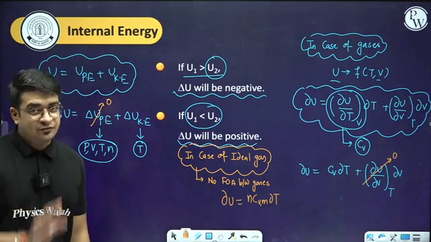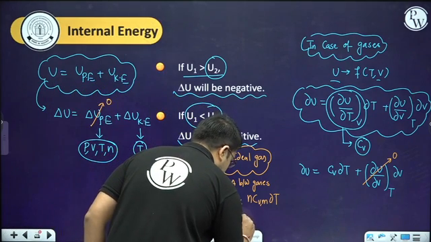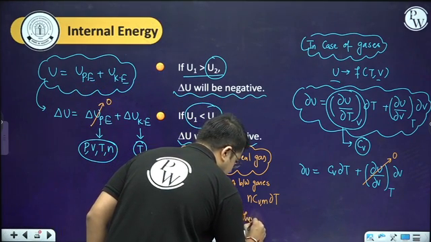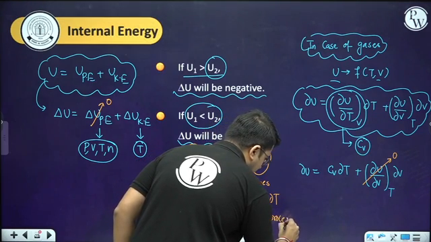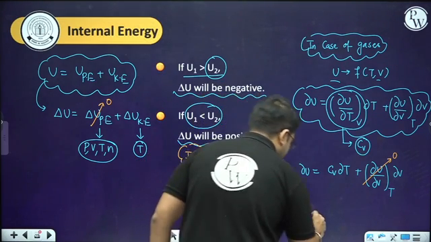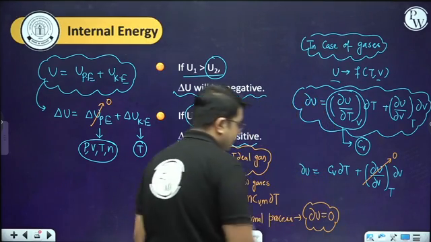Now the last thing I want to give you is for the isothermal process. In the case of an isothermal process, always remember that dU will be equal to 0. Why?